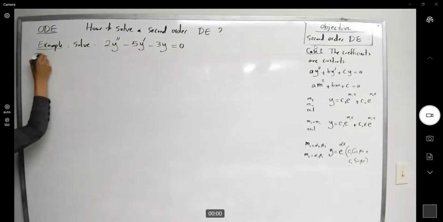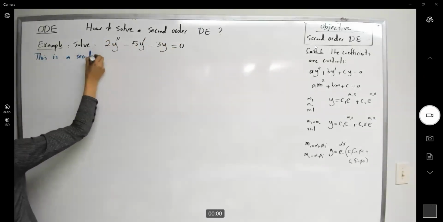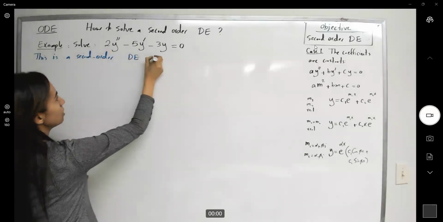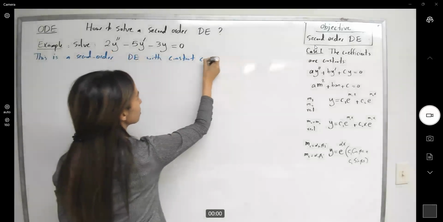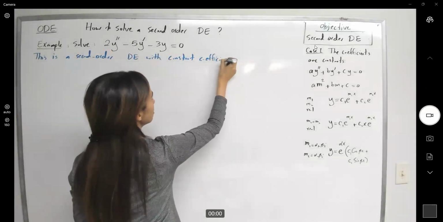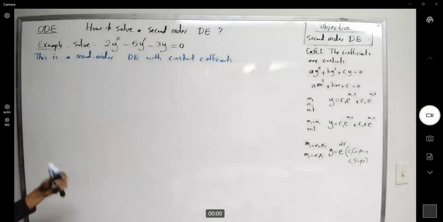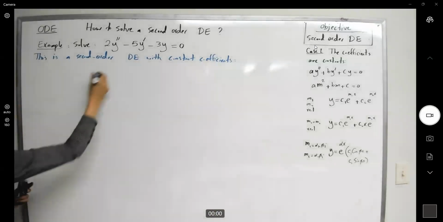This is a second order differential equation with constant coefficients. So this is our first case in solving a homogeneous second order differential equation. We need to construct the auxiliary equation.